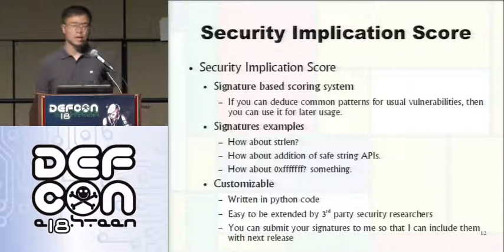Something like Microsoft SDL recommends using new safe string related APIs. In that case, they should use a safe string API to fix the old problem, so you will find that safe string API in the patched part. You can use that as a signature for locating security-related patches, or some constant numbers, some big numbers, maybe to fix integer overflows.